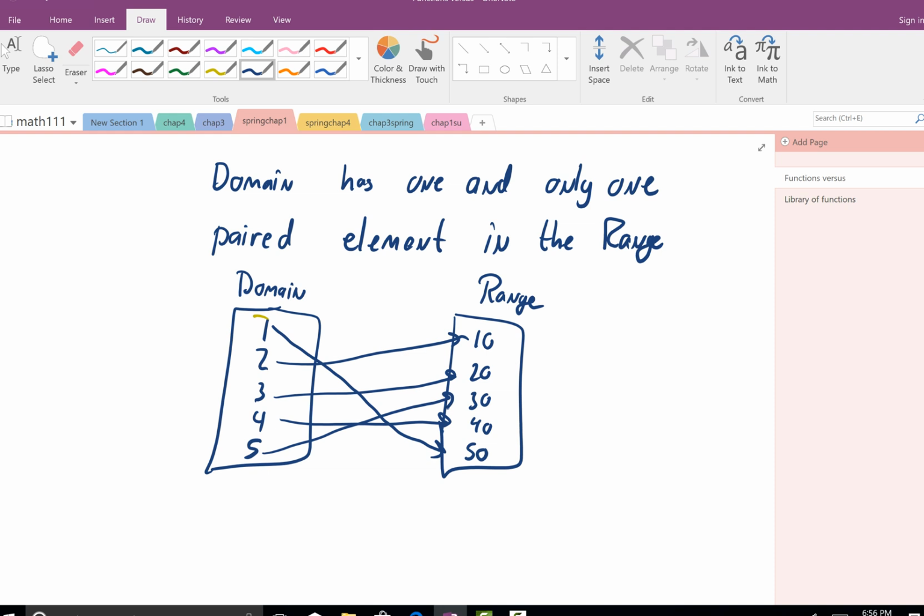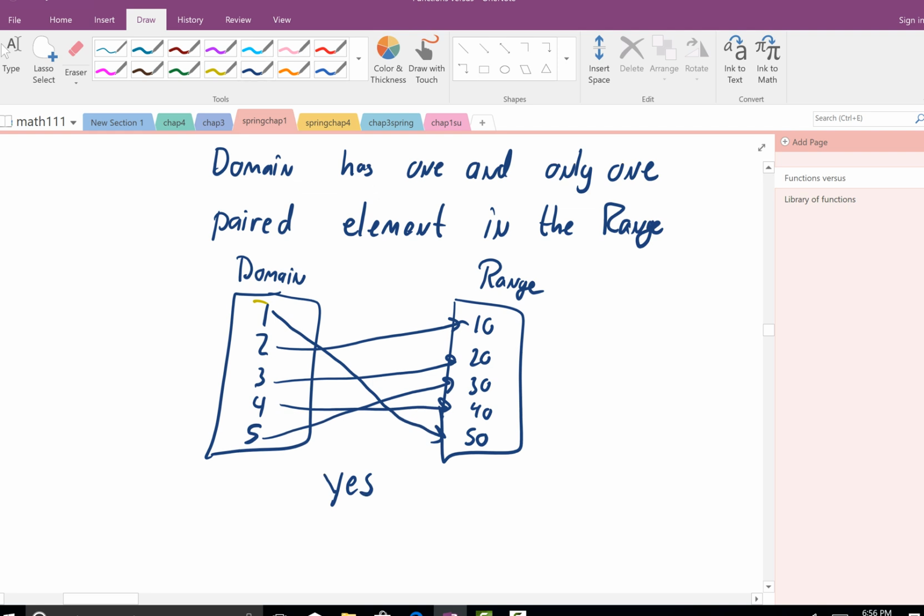That's the correspondence. And they'll ask you, is that a function? Well, is it? What do you think? Yeah, every number is going to a different one. That's okay. So this one is.